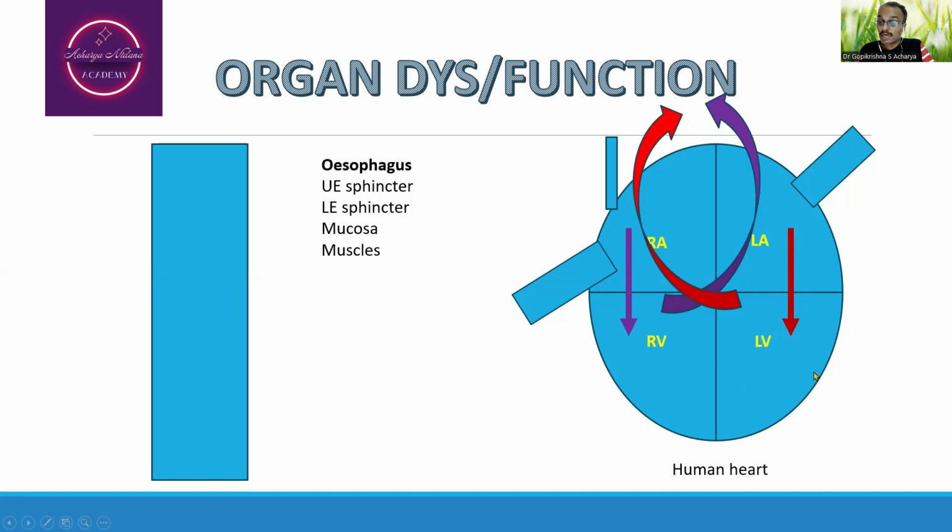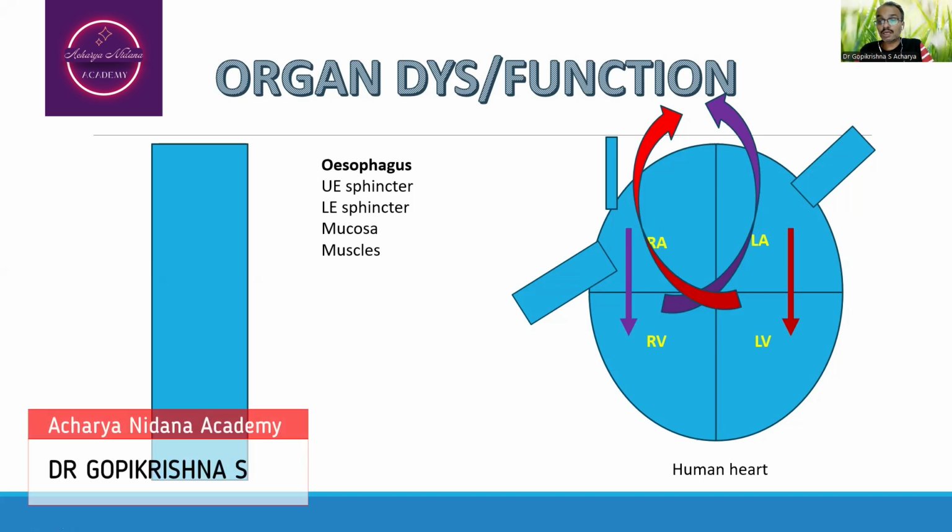Whereas the other way is that the left ventricle is not in a position to pump the blood from the left ventricle to the aorta. So maybe in cases of left ventricular hypertrophy, or maybe the person is suffering from hyperthyroidism, or from myocardial infarction, chronic or old myocardial infarction. In all these cases, the complete emptying of the blood from the left ventricle to the aorta may be deficient.